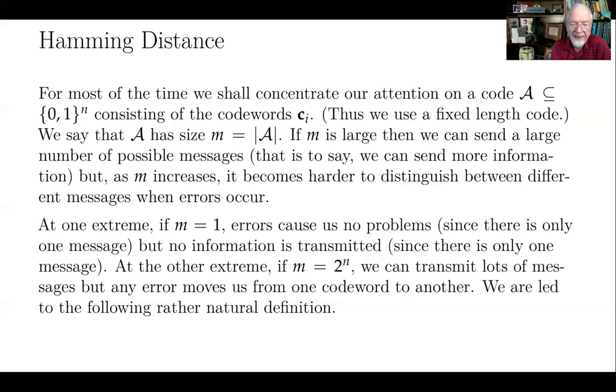If you send anything, you're sending that symbol, and you can just automatically assume that it's in. But at the other extreme, if m was 2 to the 10, 1024, then we can transmit lots of messages, but any error moves from one code word to another.